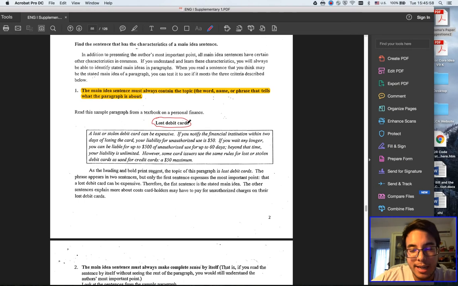That's a good clue. If you read it, you'll notice that the first sentence, a lost or stolen debit card can be expensive, is a topic sentence because all the sentences following it support how a lost or stolen debit card can be expensive.